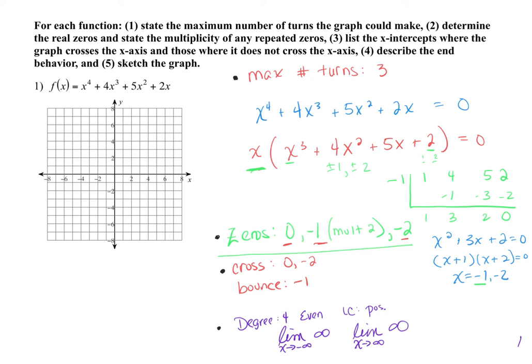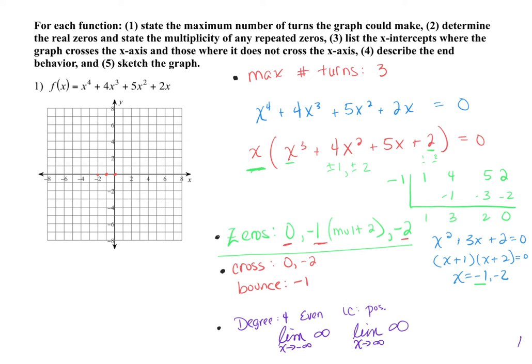So then I need to graph it. All right? To graph it, I want to note where my zeros are. I have a 0 at -1. I have a 0 at -2, and at 0. 0, -1, and -2. All right? I know that I cross at -2 and 0.